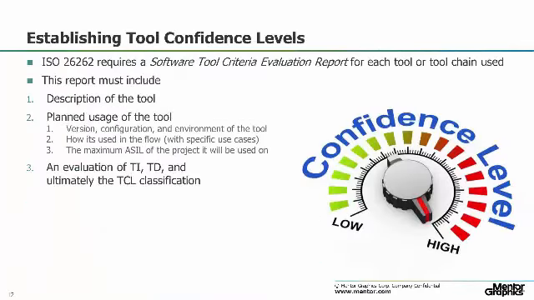So what you need to do for each tool used in your process is create a software tool criteria evaluation report, which basically describes the tool, how it will be used, the ASIL level of the project it will be used on, and then a justification of the TI, TD levels, and ultimately the TCL classification for that tool.